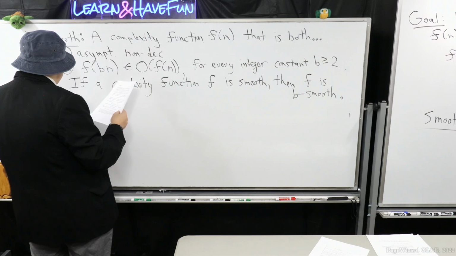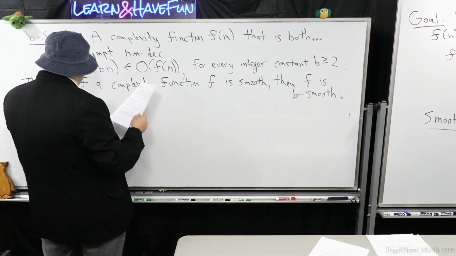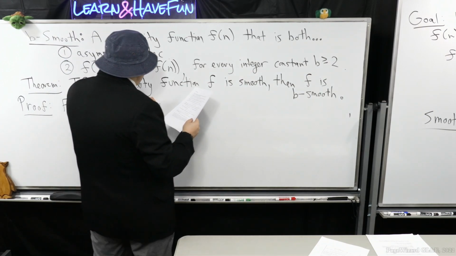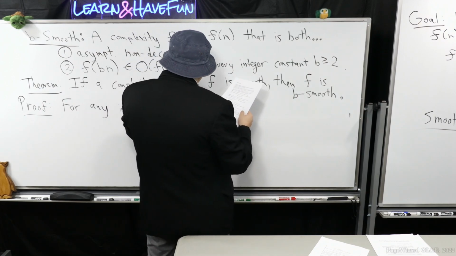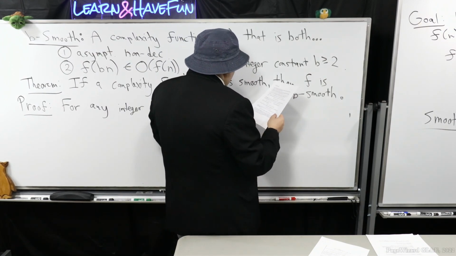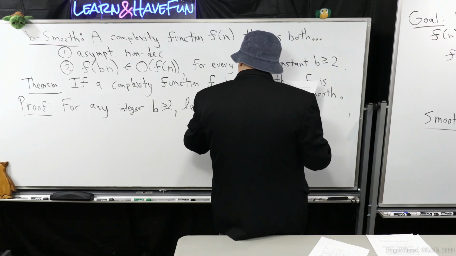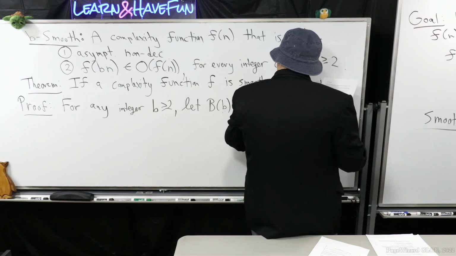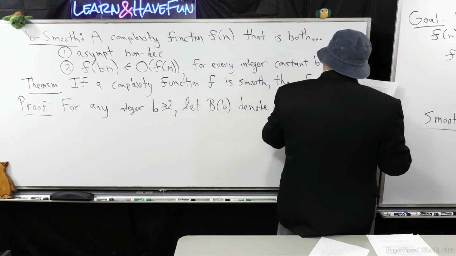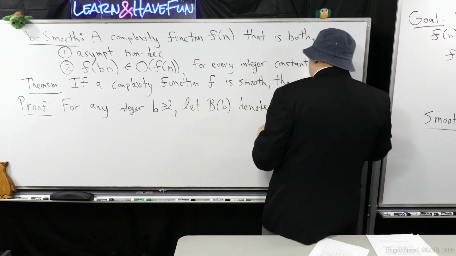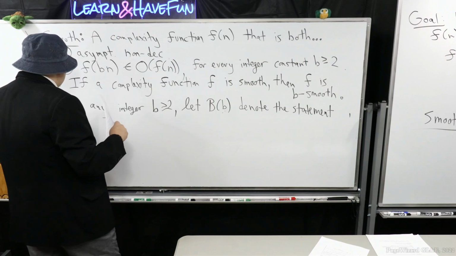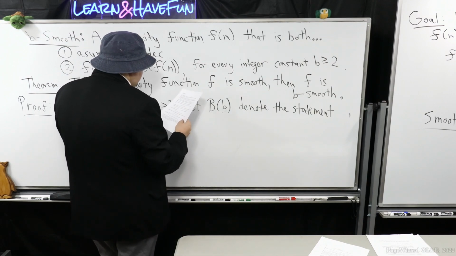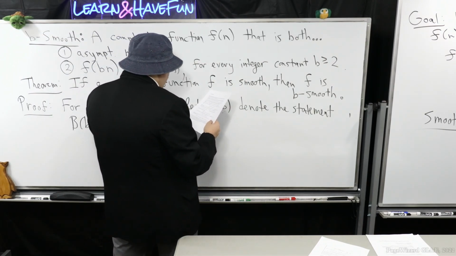So I'm just going to start off by denoting what exactly we're going to prove. For any integer b greater or equal to 2, let capital B of lowercase b denote the statement where f of bn is big O of f of n.